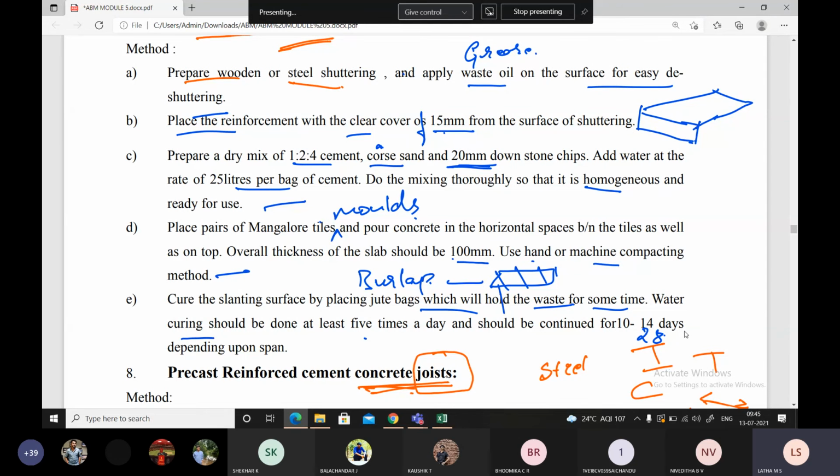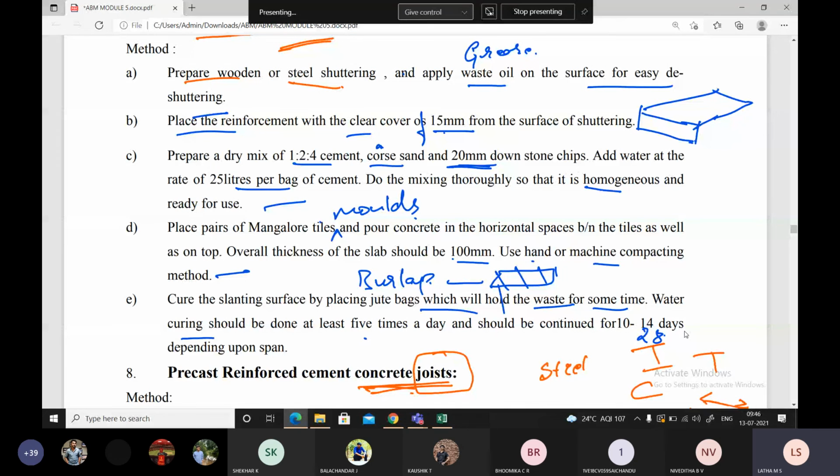It's similar to your precast rectangular plank. Then the coarse aggregates should not be greater than 20 mm, right? And the mix should be homogeneous, and you have to spread the concrete uniformly into the mold.